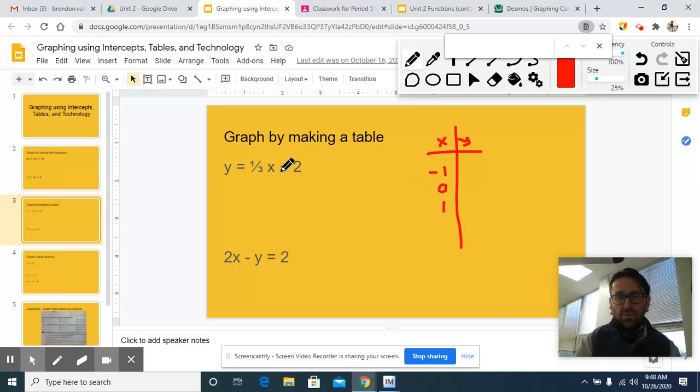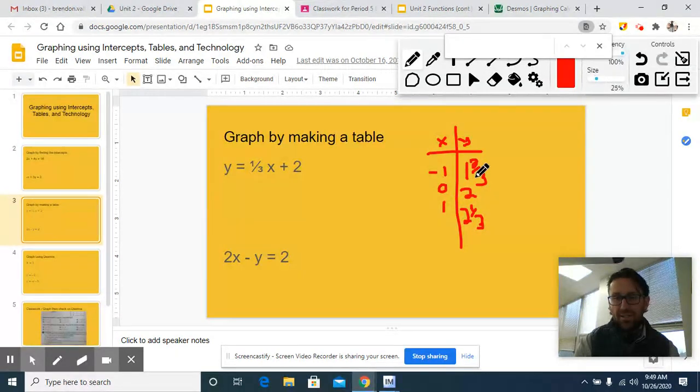So -1 times 1/3 is -1/3 plus 2 is 1 2/3. If I plug in 0, 0 times 1/3 is 0 plus 2 is 2. And then if I plug in 1, 1 times 1/3 is 1/3. So that gives me 2 1/3.